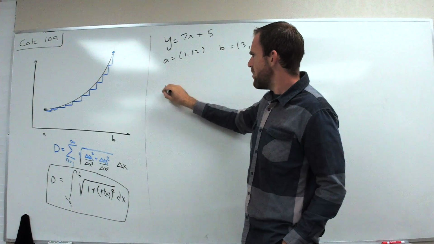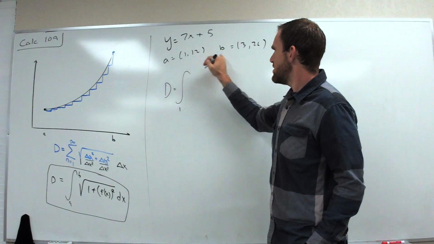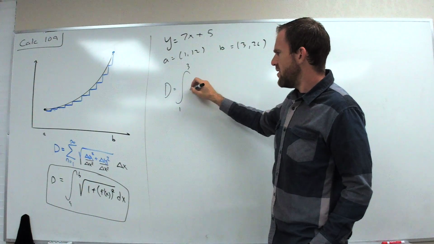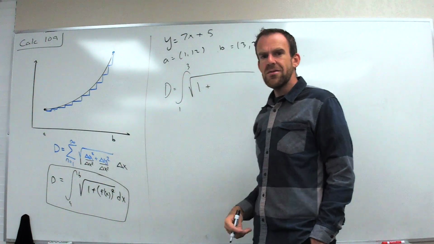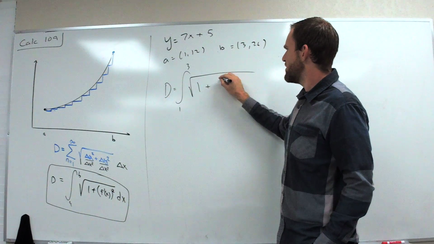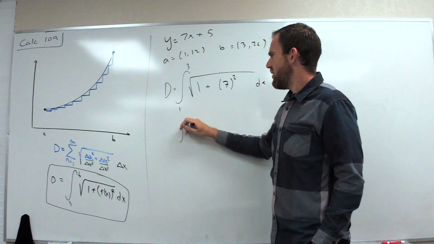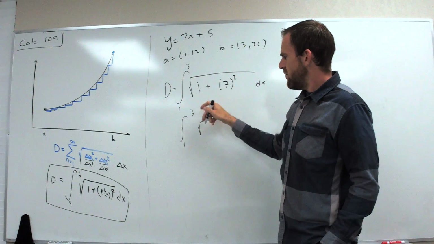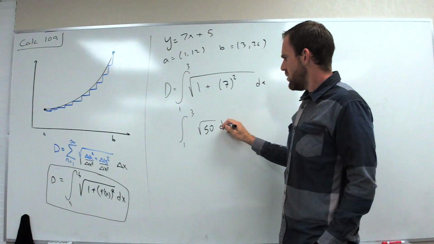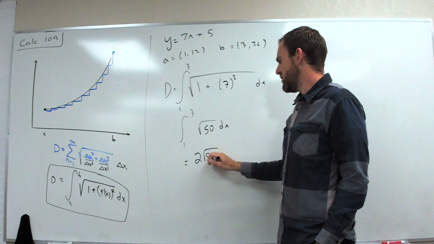Here, I'm going to simply apply my formula. Distance is the integral from A to B, these are the x values, of the square root of 1 plus the derivative squared. What's the derivative of 7x plus 5? Well, that's just 7, squared, dx. So I have the integral from 1 to 3 of the square root of 50 dx, which looks like 2 square root of 50.